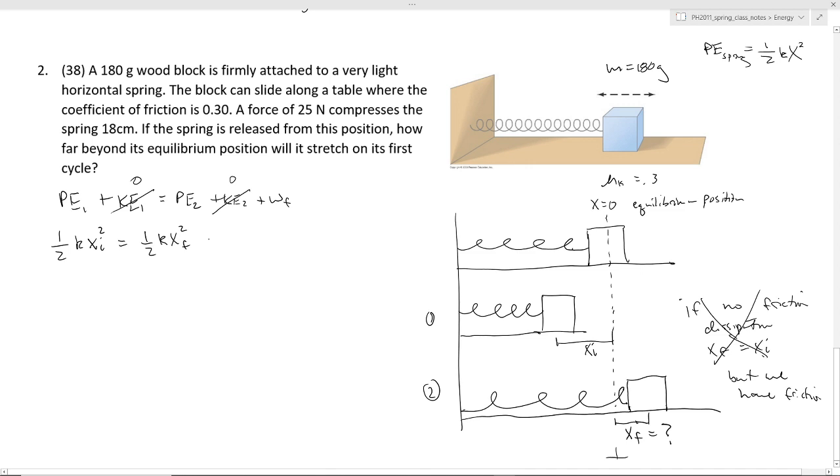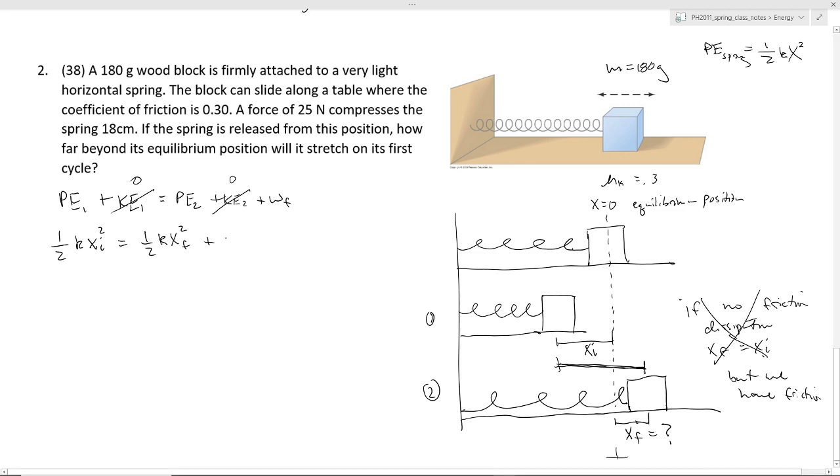And then also we're going to have work that goes into friction. The work that goes into friction will be the force of friction times the total distance. You can see here the total distance that we're doing friction over is going to be both x initial plus x final. This whole distance is where energy is going into work done by friction.